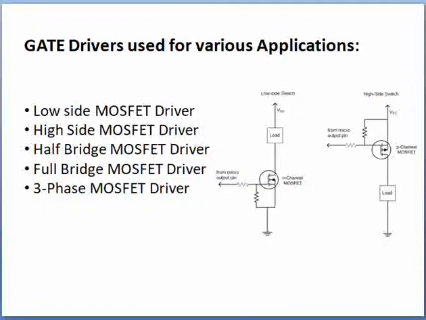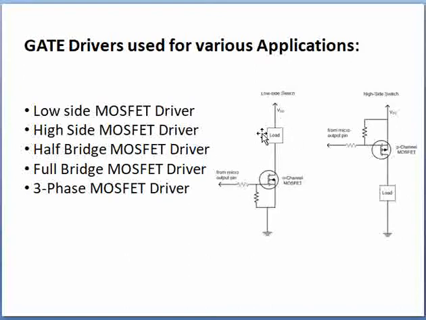These driver ICs, basically called gate drivers, are used for several applications. The driver could be only driving a low side MOSFET. A low side MOSFET, as drawn here, is an N-channel MOSFET whose source is connected to ground, and the load is connected through the supply.